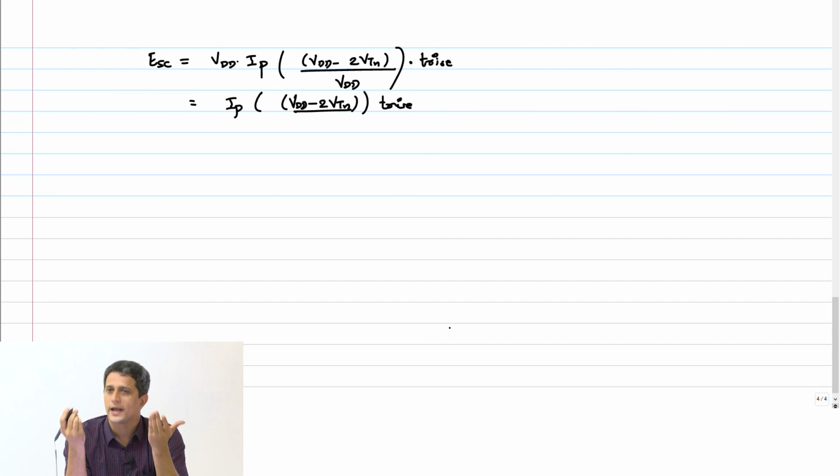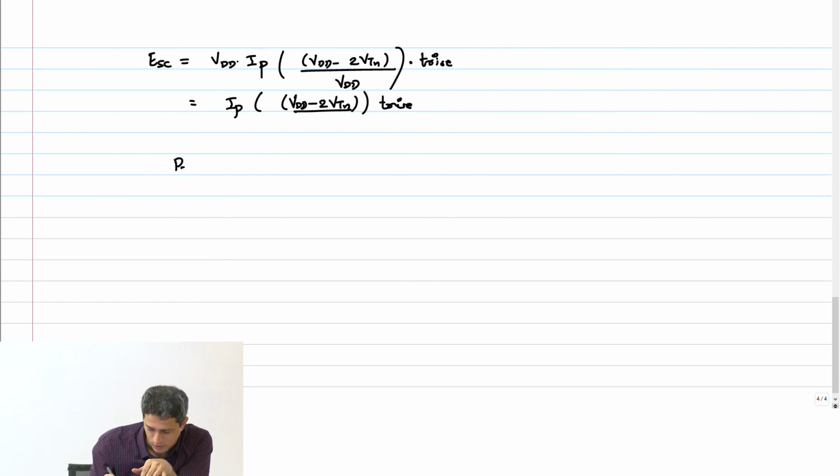Okay. Now again, just like dynamic power, this is a transient phenomenon. Only when the input is making a change will this happen, and therefore the same things that we discussed there will apply here also. You need the activity factor, only when that switches is going to happen, and so on.